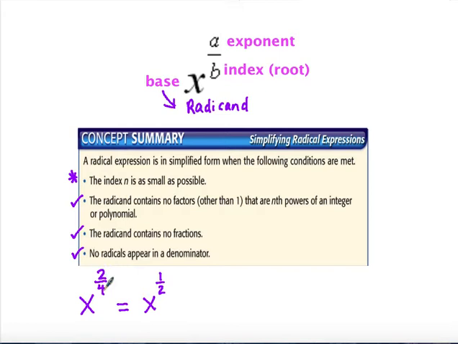That fraction up here is going to hold true to all fraction properties, so I can reduce that to be 1/2. That would simply change my root to be the square root of x. That made my index n as small as possible. So whenever you can reduce that rational exponent, you need to do that to simplify your expression.